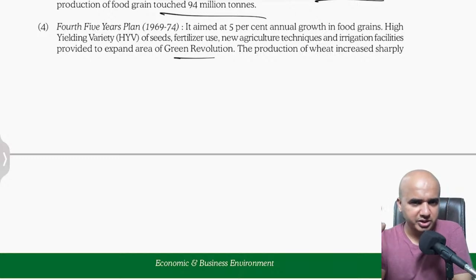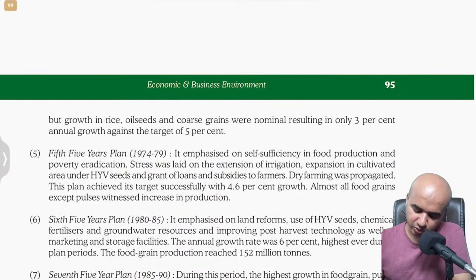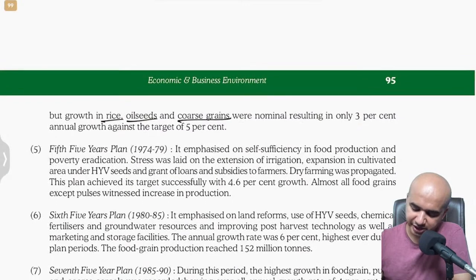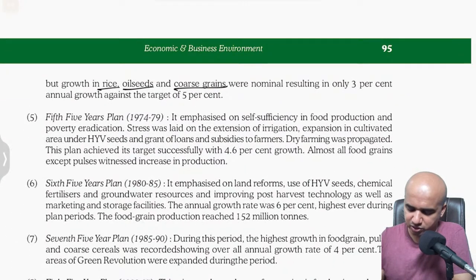They basically wanted to improve the productivity or the yield. The production of wheat increased sharply, but growth in rice, oilseeds and coarse grains was nominal, resulting in only 3% growth. Still okay, but their target was 5%.